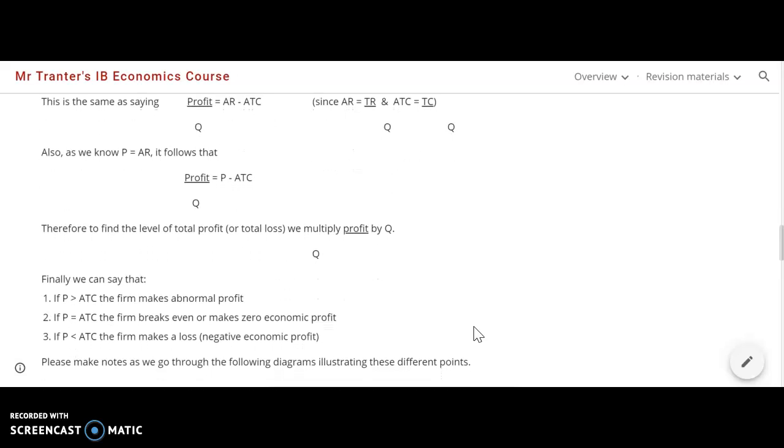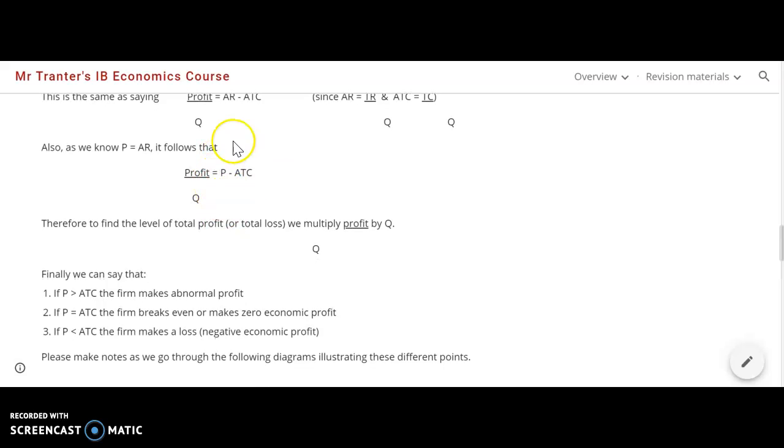The other thing we need to know in terms of making a profit or a loss is if price is greater than ATC, then we're making abnormal profit because profit is going to be greater than 0. If price is equal to ATC, so therefore P minus ATC is 0, then we're going to be making 0 economic profit.